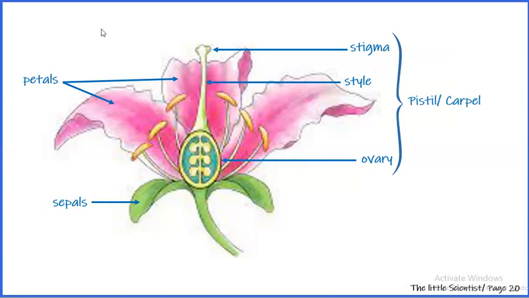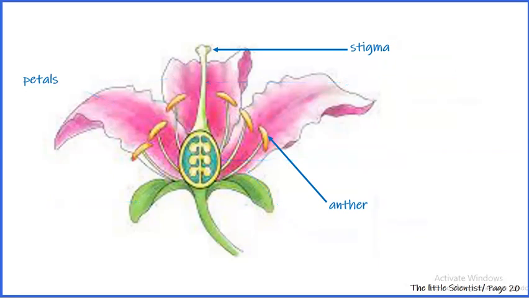So the pistil or the carpel is the female part. The anther with the filament make the stamen, which is the male part. The job of the anther is to produce pollen grains. The job of the stigma is to receive pollen grains.